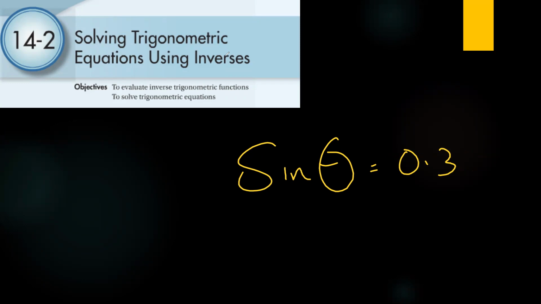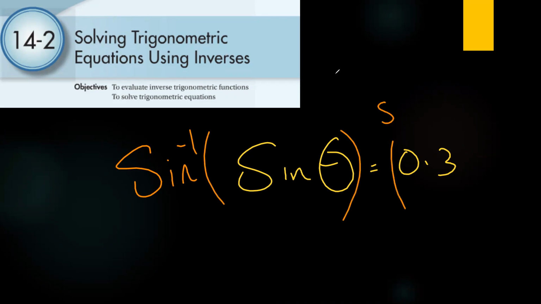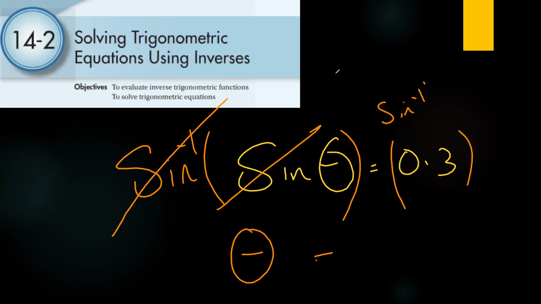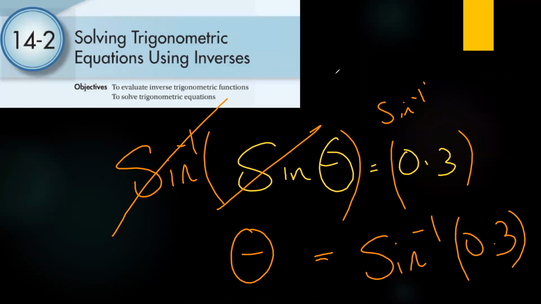So you have to put sine inverse on both sides in order to find theta. Then sine inverse cancels sine. So the angle theta will be sine inverse of 0.3. This is how to solve a trigonometric equation using the inverses.